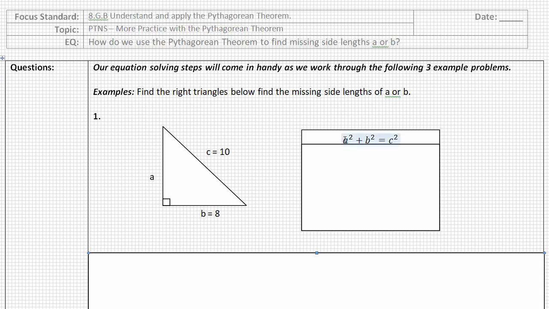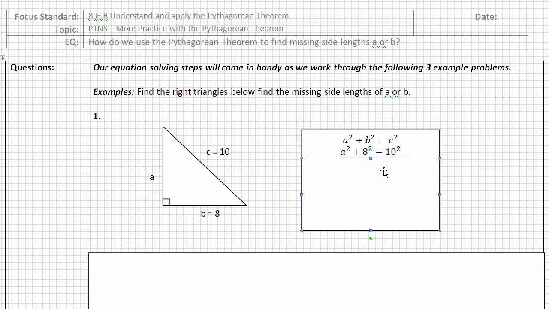So here I've laid out the Pythagorean theorem for us, a squared plus b squared equals c squared. And we're going to follow the same first step and plug in our values for b and c. So now, using our information from the problem, our equation reads a squared plus 8 squared equals 10 squared.